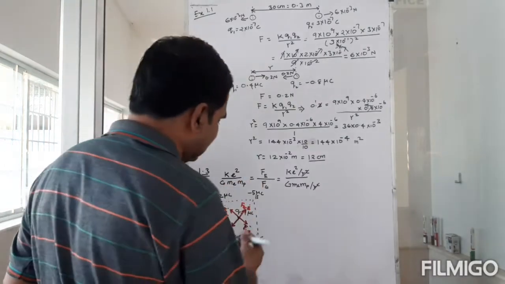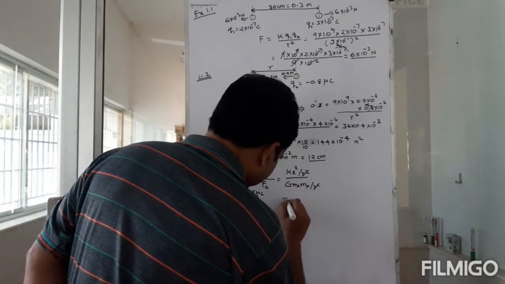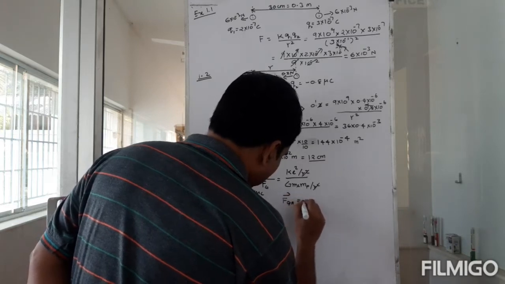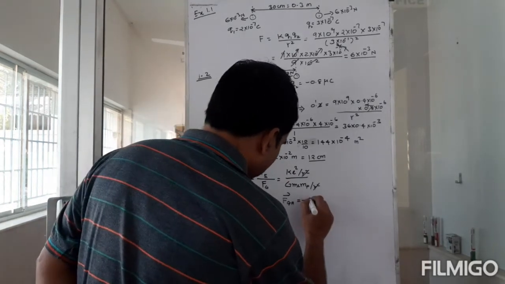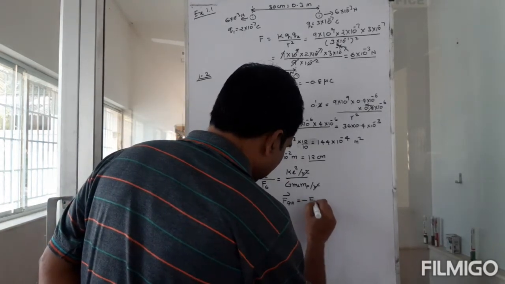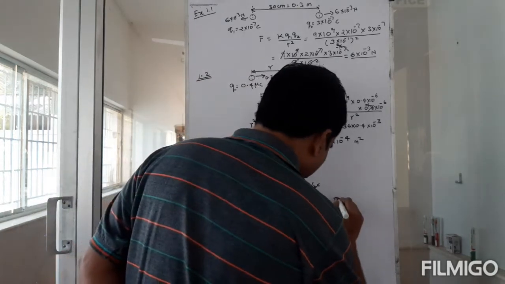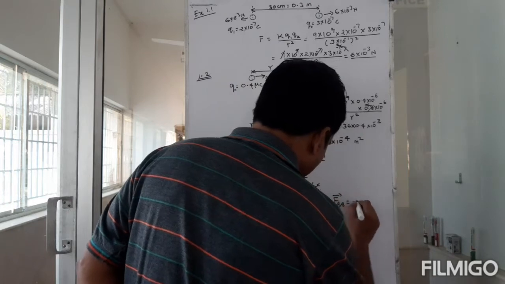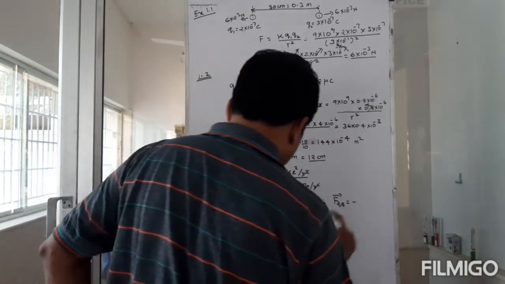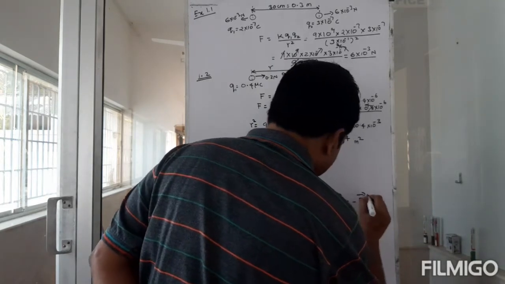So you can see that clearly, because you know vector F QA is equal to the negative of F QC vector, and F QB vector is equal to the negative of F QD vector.